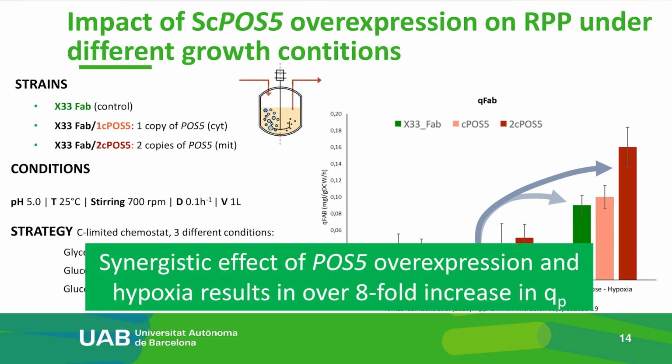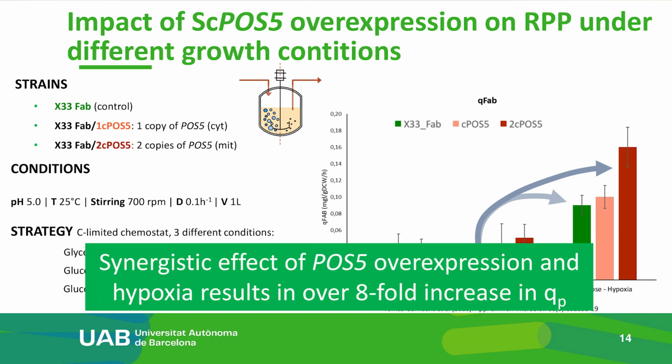What you see here in the middle are the three strains under normal oxygen availability, normoxia, where you have this increase. The red one, with 2 copies, over the green gives you this 2.5, 2.6 increase. But if you go to hypoxia, you have a synergistic effect.